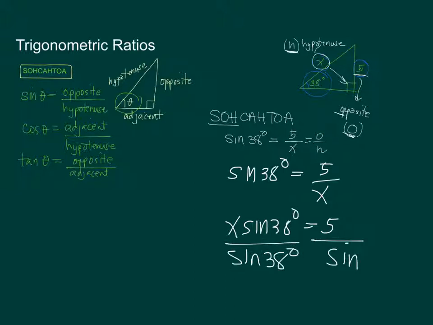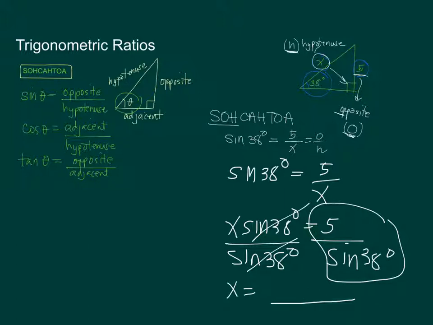Then x will be the value of 5 over sine 38. All you have to do is plug this value into your calculator and it will give you the measure of x. I'll leave that to you as an exercise. Just find 5 over sine 38 degrees.